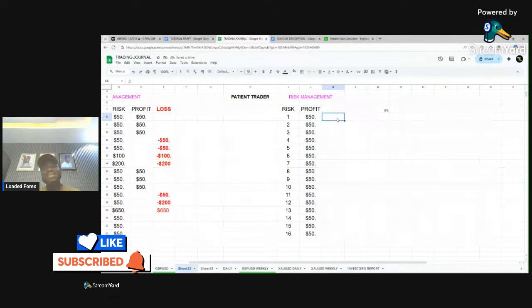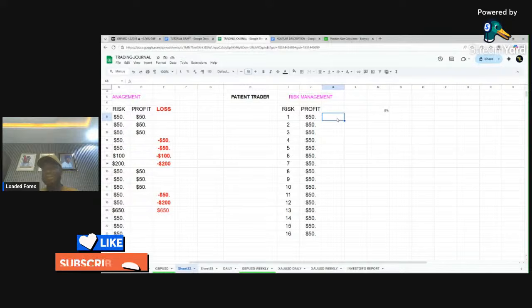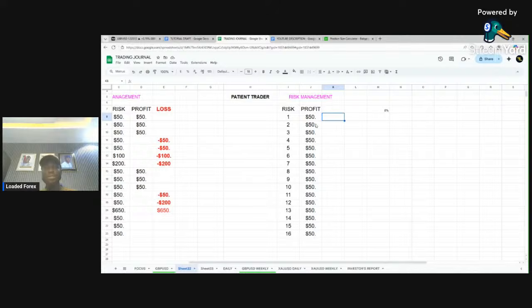Whenever I enter a trade, I can make $100, I can also make $200. It depends on the condition of the market and the potential of the setup. All these things matter a lot. Even one single trade can give you $500 if you are able to manage the trade very well.